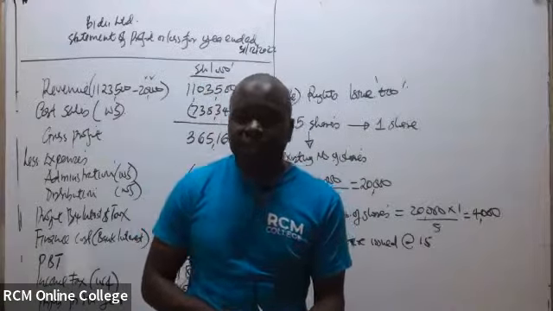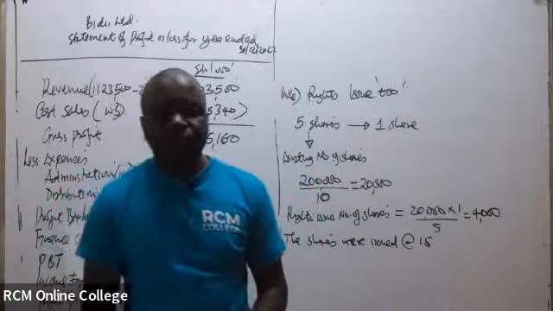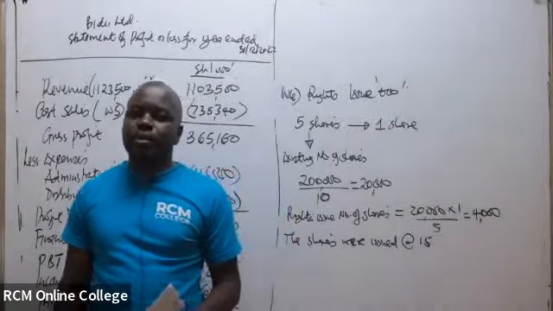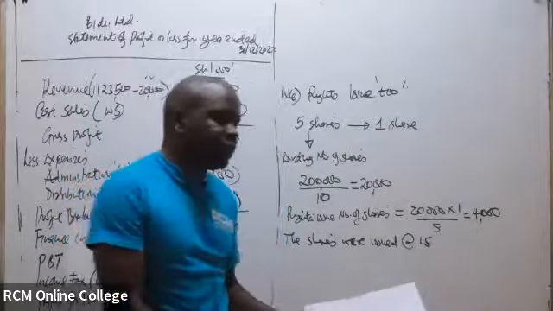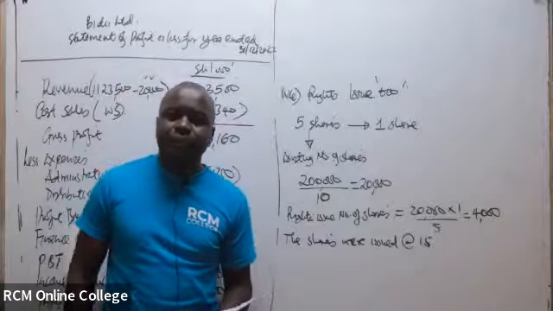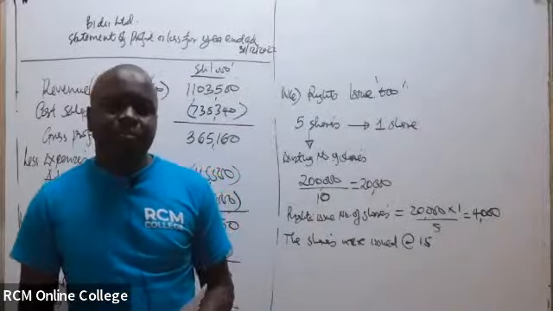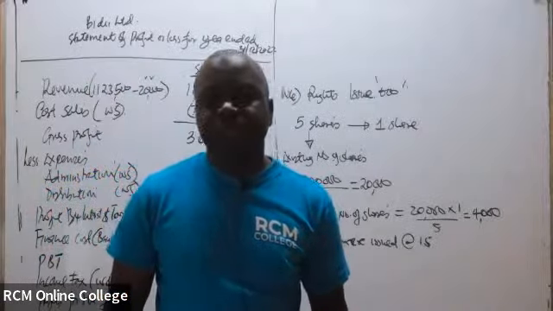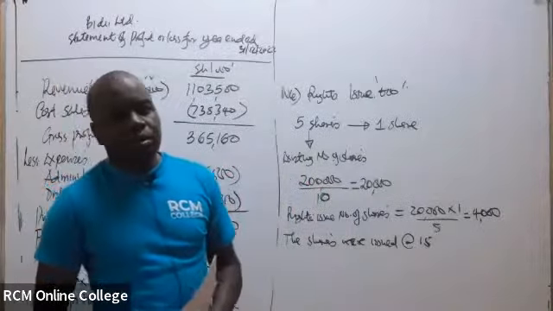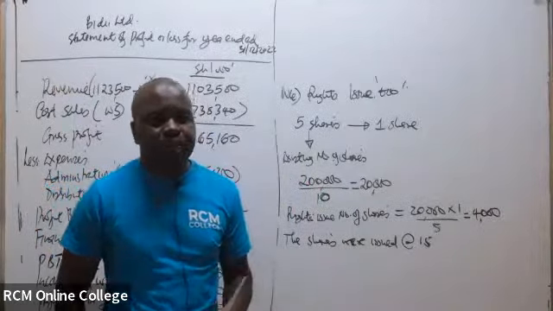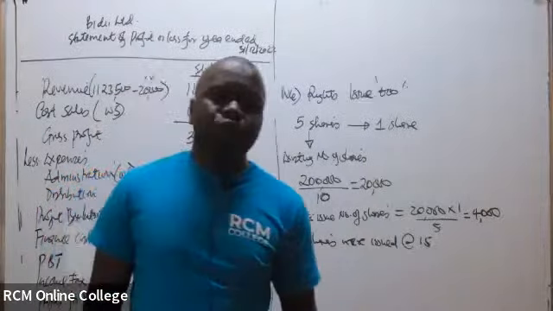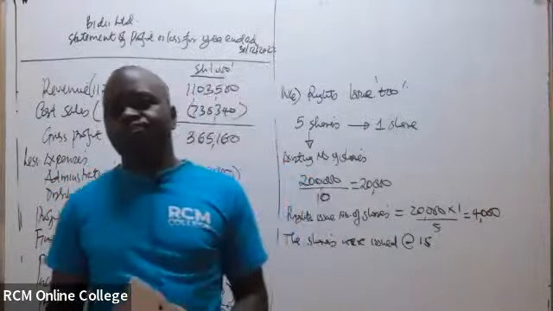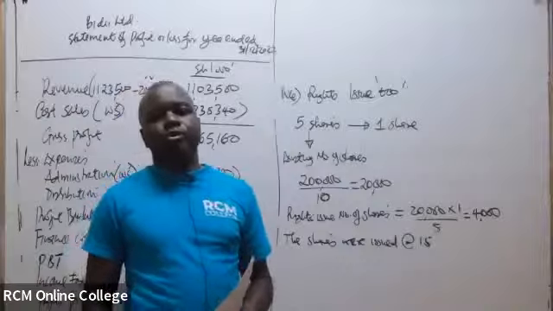So the par value was 10, but they issued them at 15 shillings. We'll say the shares have been issued at what? At a premium. So our premium amount will be how much?